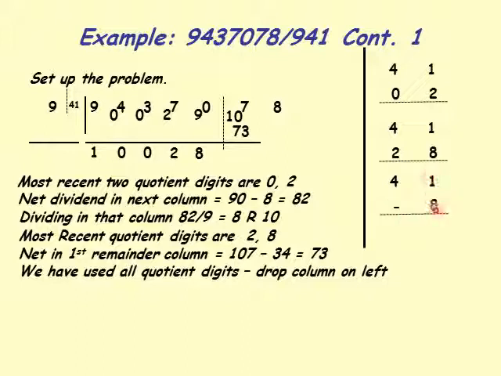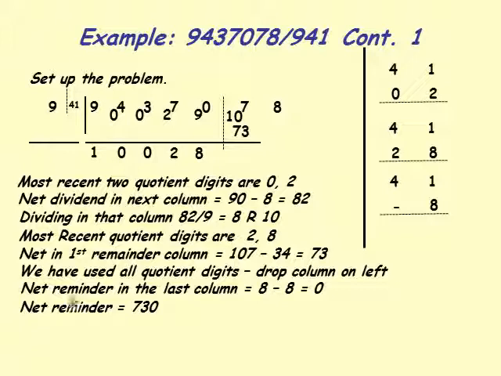Adjustment would be 1 times 8, which is 8. Net remainder in the last column is 8 minus the adjustment of 8, which is 0. So net remainder is 73 in the tens column and 0 in the units column. So the remainder is 730, which is less than 941, so we should be fine.